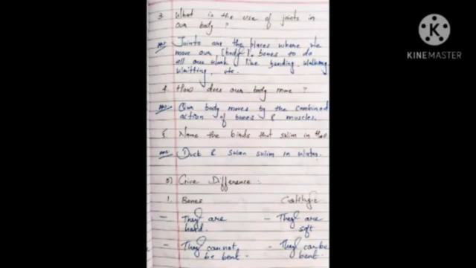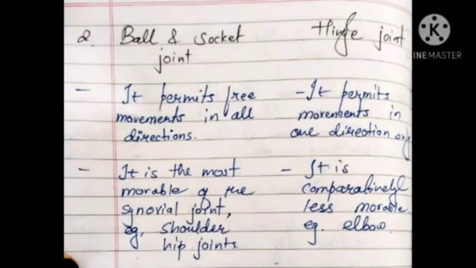Now part B, give differences. The first one is bones and cartilage. First point, bones are hard and cartilage is soft. Second point, bones cannot be bent and cartilage can be bent. Second one is ball and socket joints and hinge joints. First point, ball and socket joint permits free movement in all directions.